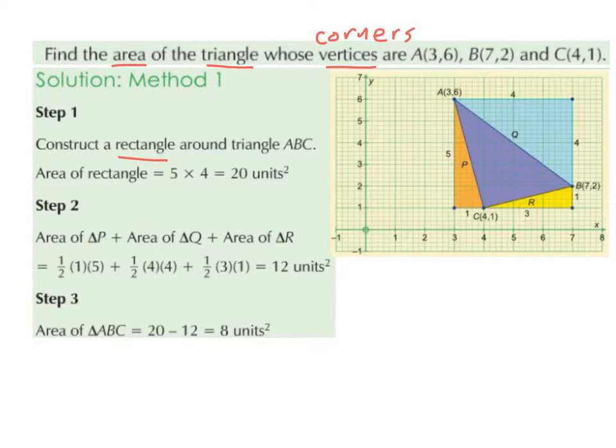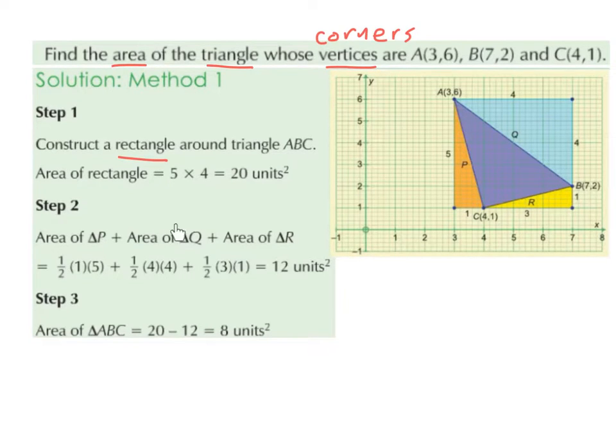The formula for the area of a triangle is half times base times height. For the area of triangle P, which is this orange one, it's going to be a half multiplied by the base, which is 1, multiplied by the height, which is 5. So a half times 1 times 5.